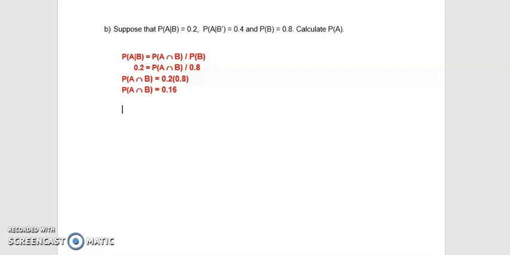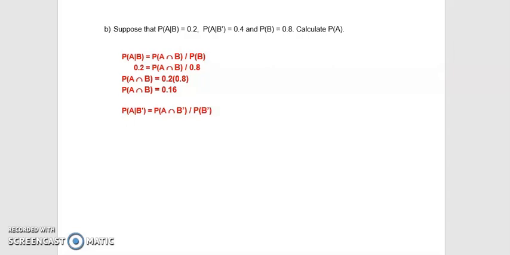Now use the second info, probability of A given B prime. This is equal to probability of A intersect B prime divided by the condition, which is probability of B prime.